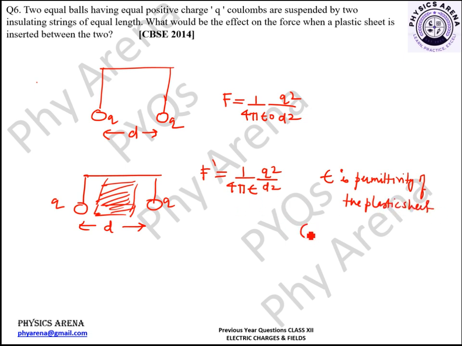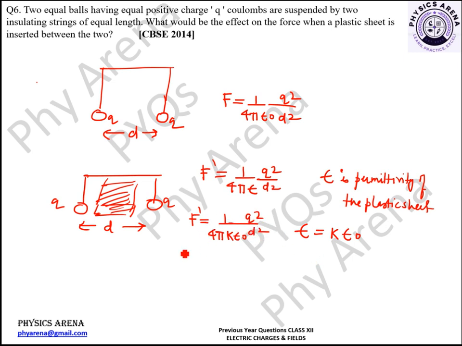Now this epsilon can be written as k times epsilon naught, where k is the dielectric constant of the plastic sheet. So I can replace epsilon with k times epsilon naught. So f dash is equal to 1 upon 4 pi k times epsilon naught q square upon d square.